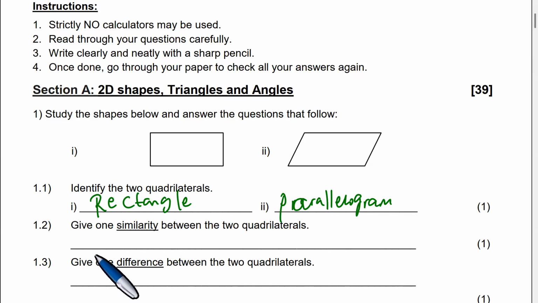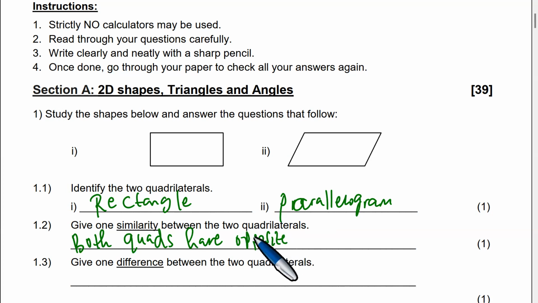Their opposite sides are equal. Good. Both quads have opposite sides equal.